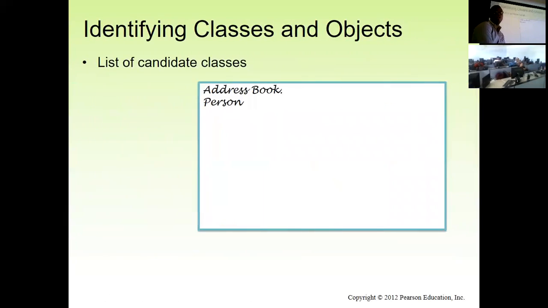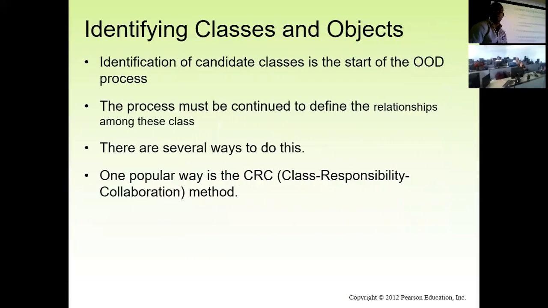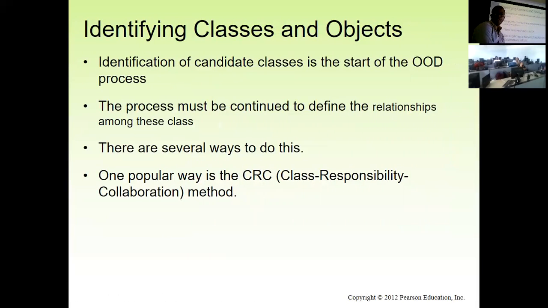Now, further from there, we have the list of those things that we say we finalize that are going to be actual classes. All right? And we came up with 2, and it's noteworthy here that your object-oriented design is started when you start identifying candidate classes. All right?